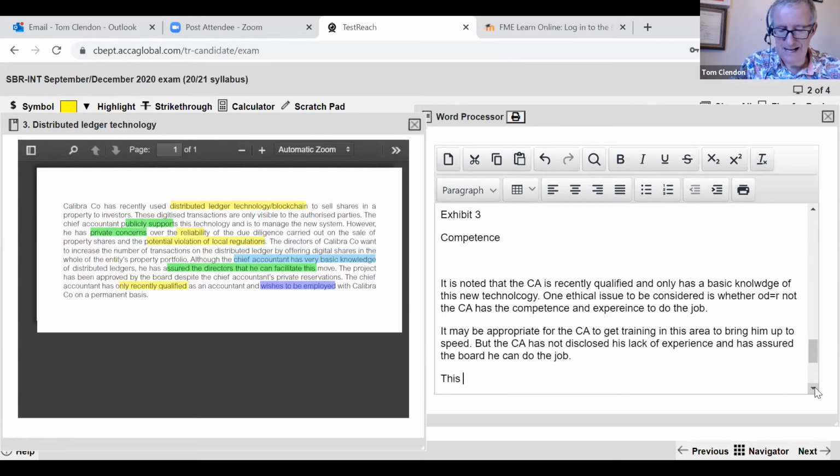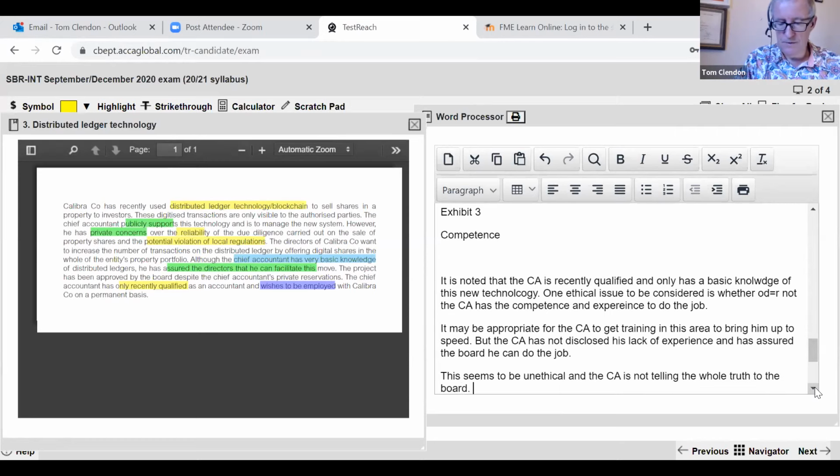This seems to be unethical, as the chief accountant is not telling the whole truth to the board.